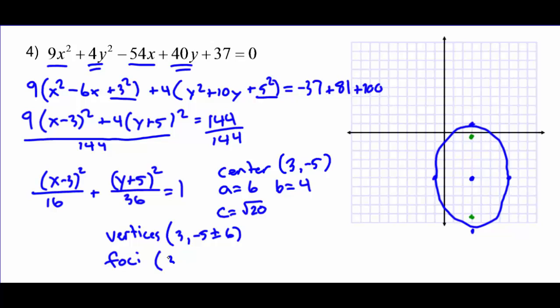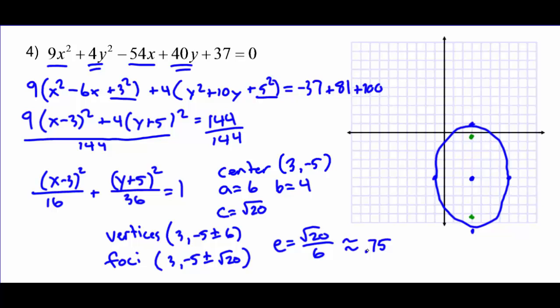And the foci, again, move vertically, but instead of moving 6 spaces, they move square root of 20 spaces. And then the final thing we need to deal with is the eccentricity. That's c over a, always is c over a, which in this case would be square root of 20 over 6. And that is approximately 0.75.